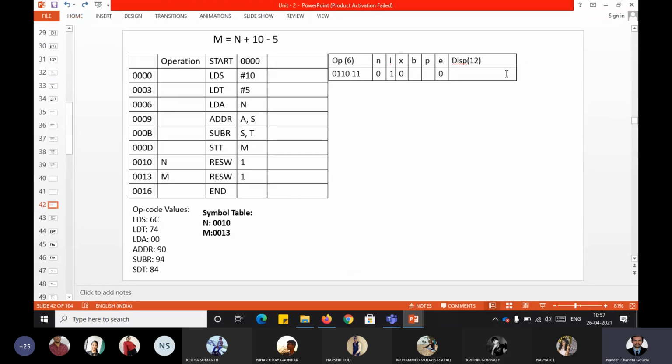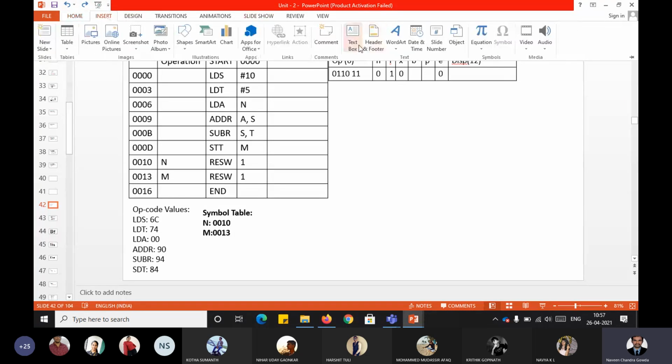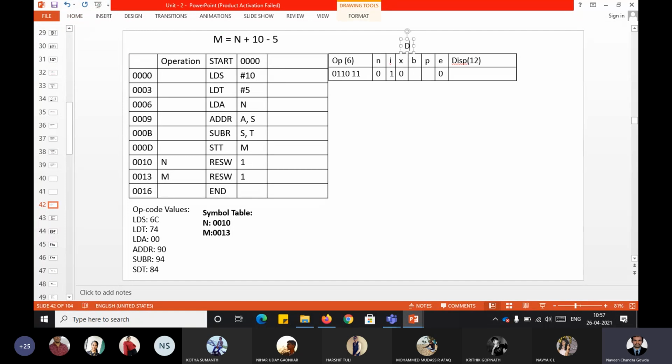You can also make a point of how to find the relative address or the displacement. It is by using a simple formula. This displacement is also called the relative address.